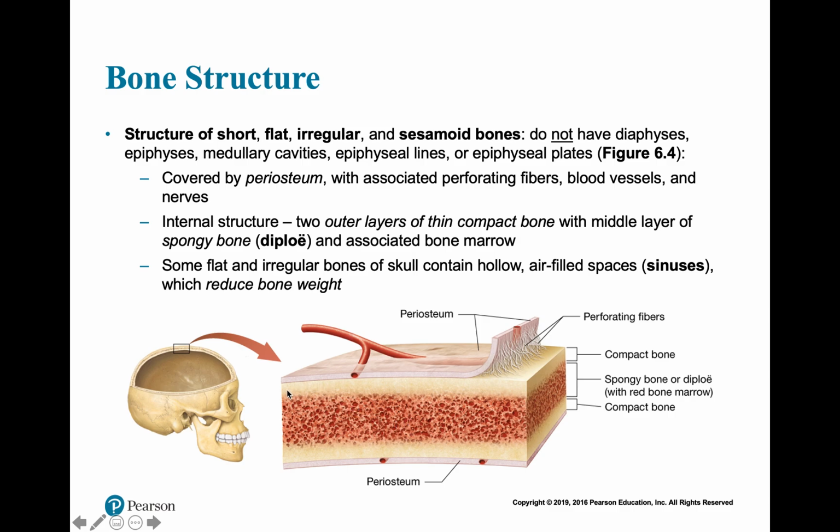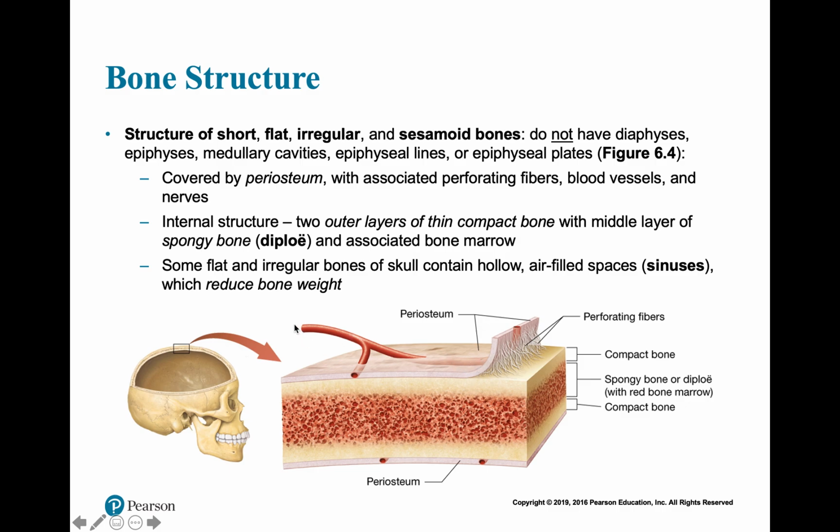For example, here is a piece of the cranium. This is one of the bones that makes up the cranium, and we can see that there's still a periosteum. Remember, a periosteum is dense, irregular, collagenous connective tissue. It encapsulates the bone. It separates but also anchors the bone to tissues that surround it.